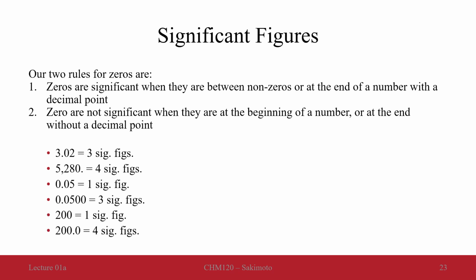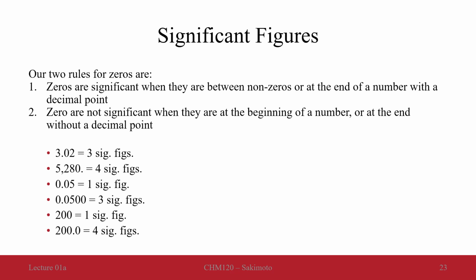Some final examples. If I were to just write 200 without a decimal point, because those are zeros after a non-zero without a decimal point, these are not significant. This number, 200, only has one significant figure, which in many cases would indicate an uncertainty of between 100 to 300. Very imprecise, only one significant figure.